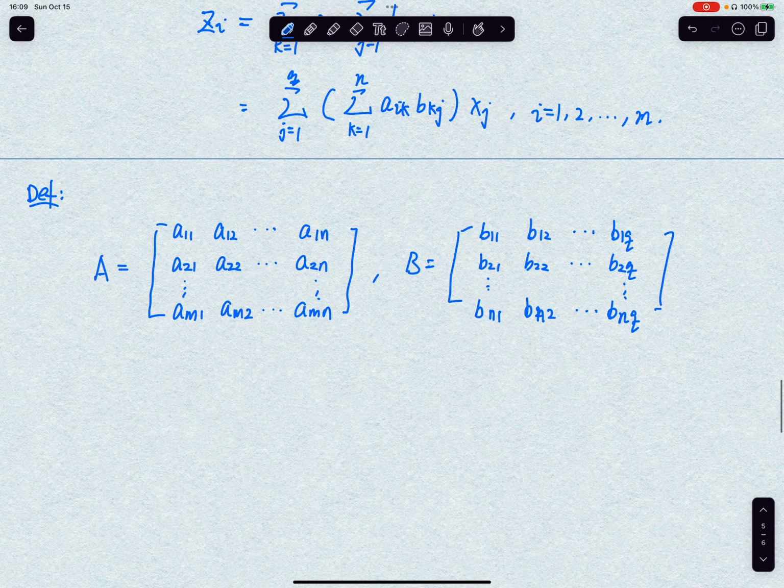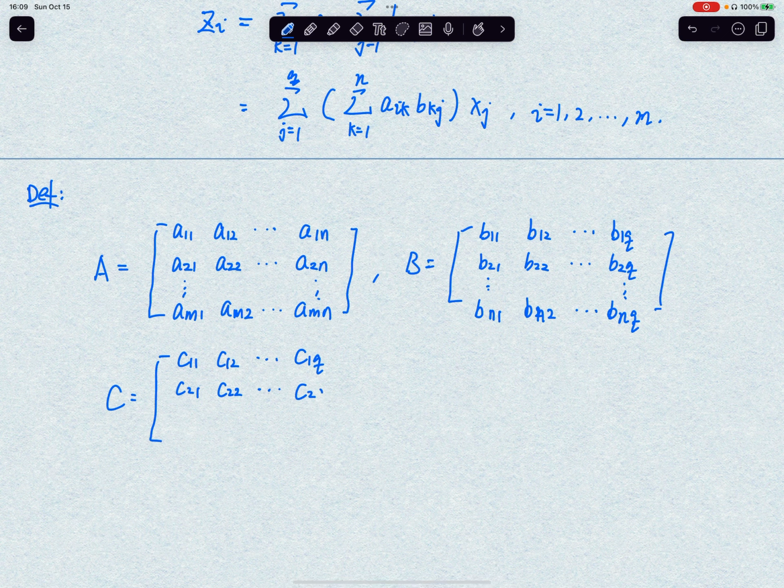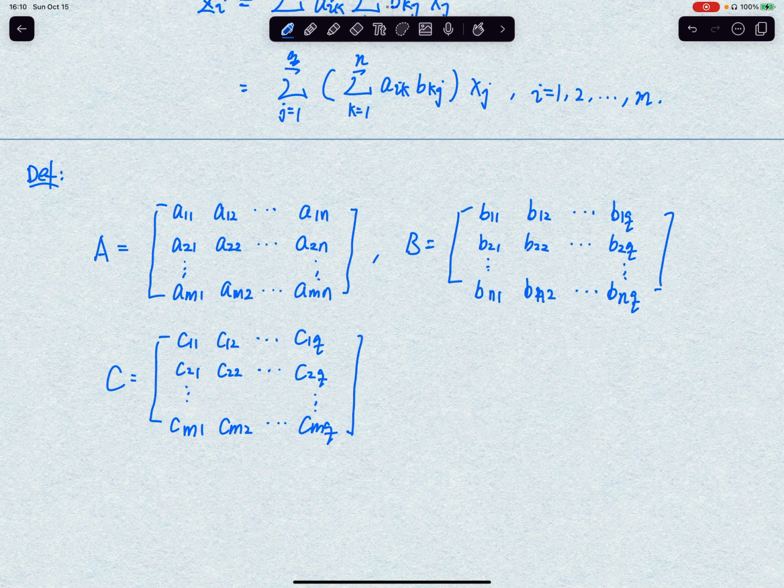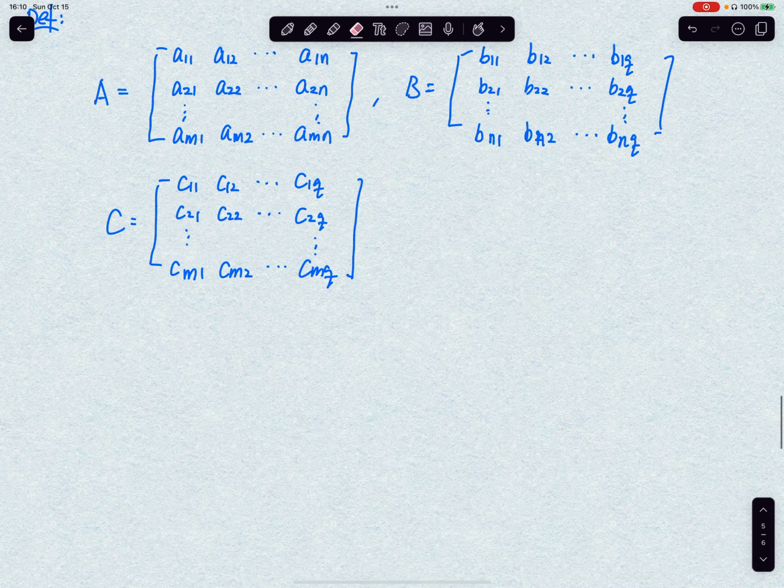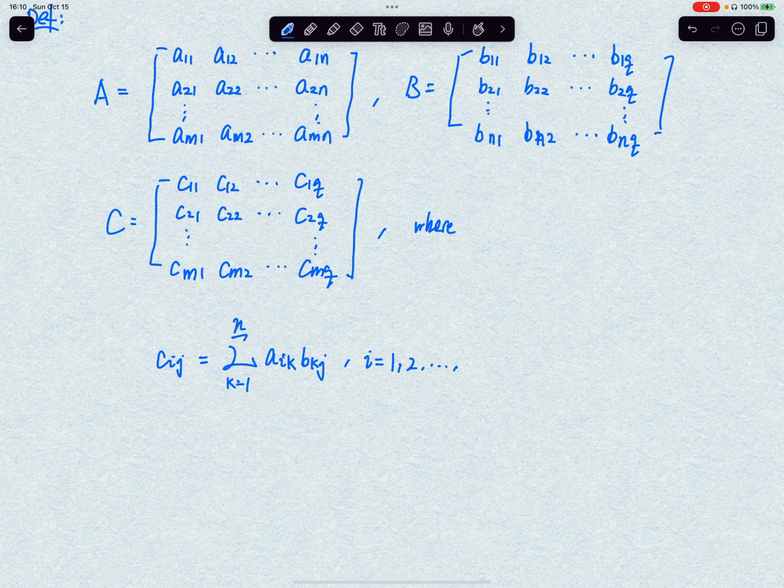And we shall say that their product is C equals C11, C12 up to C1q, C21, C22 up to C2q, all the way down to Cm1, Cm2 up to Cmq, in which the element Cij is the product of the ith row of A and the jth column of B. So that is, Cij equals the summation, k from 1 up to n, of Aik Bkj, where i ranges from 1, 2, up to m, and j ranges from 1, 2, up to q.